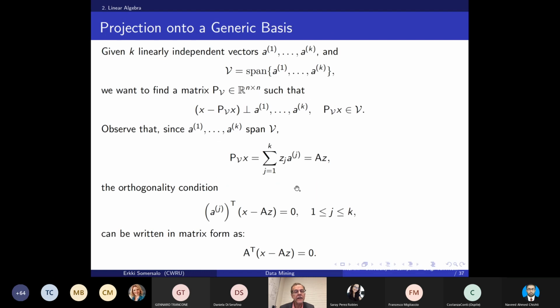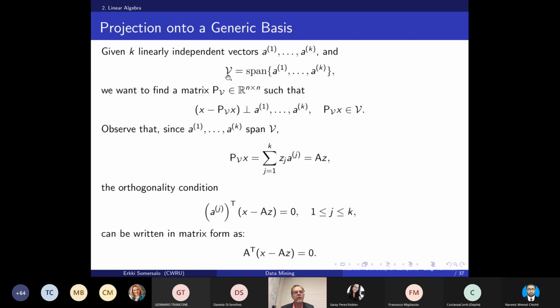And the last thing that I'm saying here before we make a small break is let's look at the more general case where you have a set of k linearly independent vectors a1 to ak. If they are linearly independent, they are spanning a k-dimensional subspace, which I call V here again.